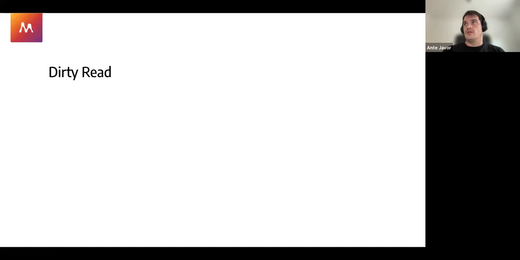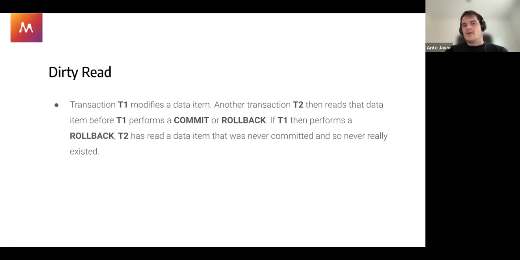There is also an example of dirty read, which is a different type of anomaly. Here T1 modifies a data item, and then another transaction T2 reads the data item. That happens before T1 performs a commit or rollback, and if T1 decides to perform that rollback, T2 essentially holds data that was never committed, so never really existed.